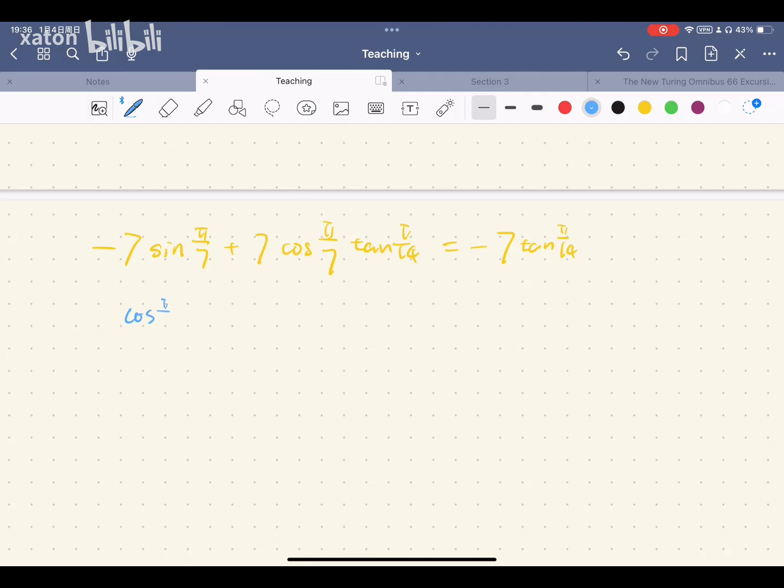And we should get rid of the 7 because we can cancel 7, of course. It will become just simpler.